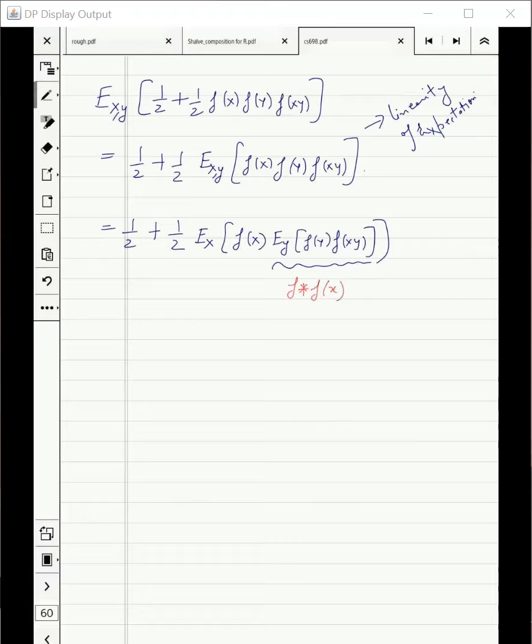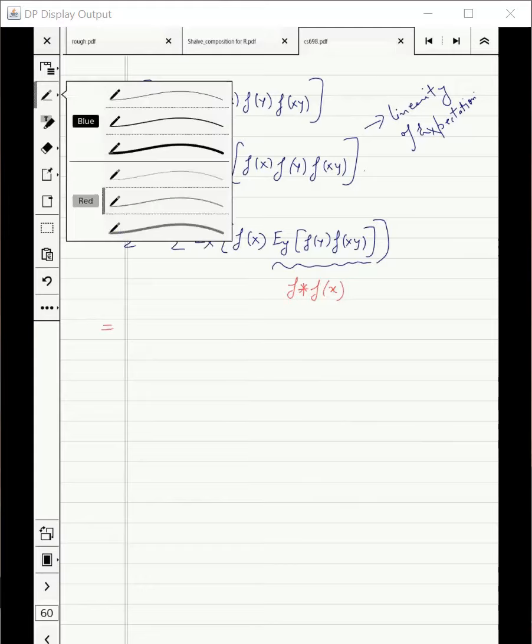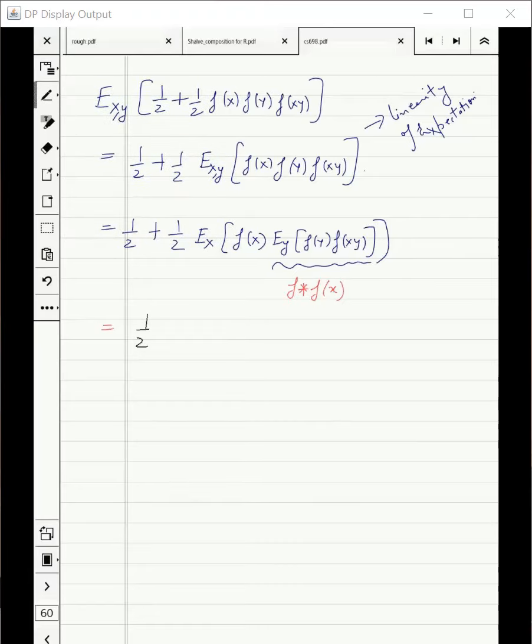This is f star f. If you look at the definition of convolution, this is exactly the definition. I've gotten rid of one variable, which is good.